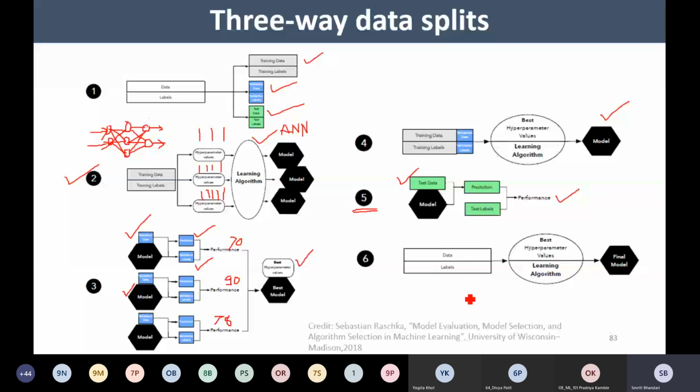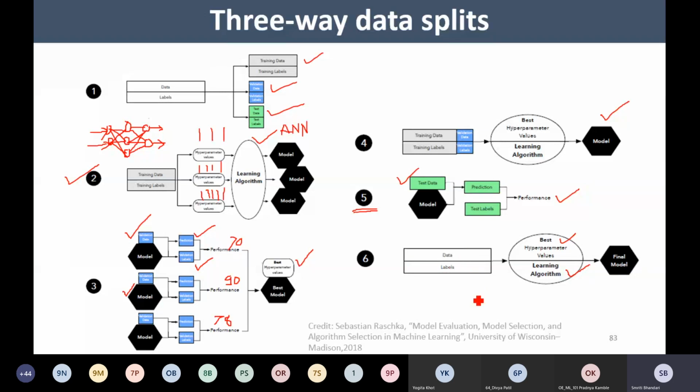So in step number 6, I am going to collect all the data together once again, the original data. The same hyperparameter values and the same learning algorithm will be used, but now this learning algorithm with the hyperparameter values will learn from an even bigger data set, and once again we fit the model based on this bigger data set.